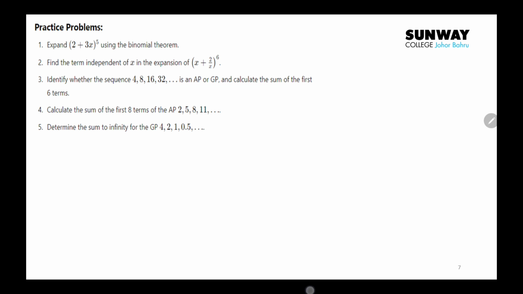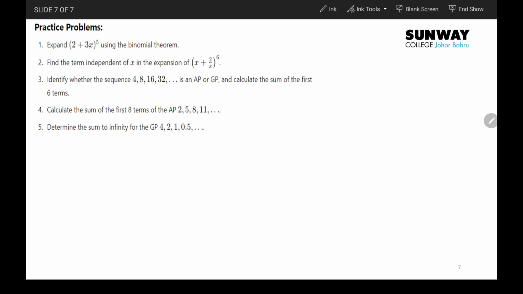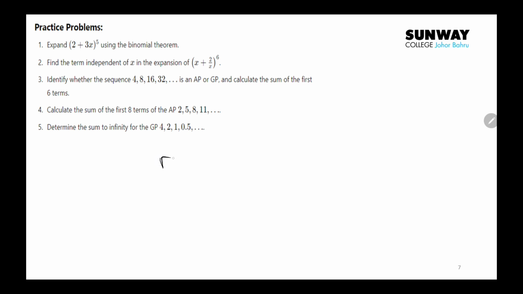Is this a GP or AP? This is a GP. If this is an AP, then it should have a common difference. 8 minus 4 equals 4, 16 minus 8 equals 8. The differences between consecutive terms are not the same, so it's not an AP. Test the common ratio. Indeed, it has a common ratio.